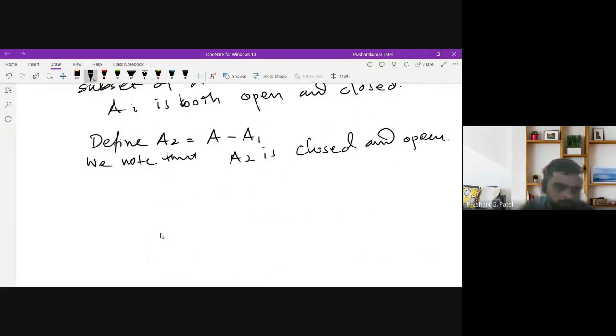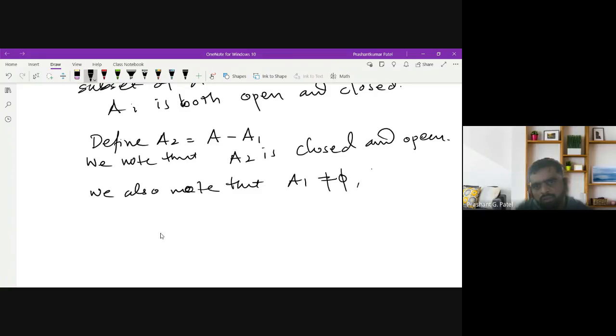Now we will show that this A1 and A2 make a separation of A. Since A1 is non-empty and a proper subset, A2 is also non-empty and a proper subset. So we also note that A1 is non-empty, A2 is non-empty.